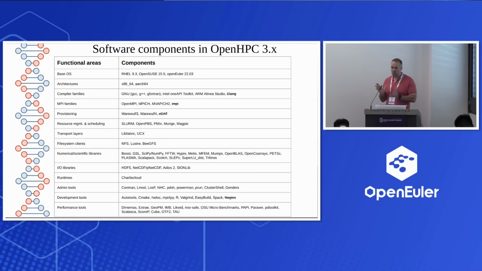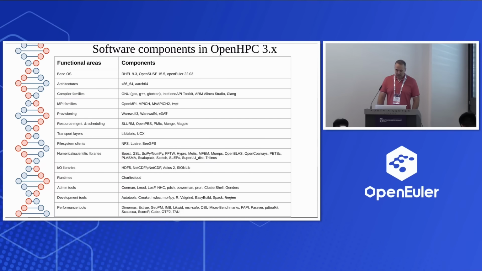That is, it installs the operating system on the compute node in memory, so each reboot installs a fresh copy of the operating system. And XCAT, for example, also supports stateful provisioning. That is, it installs the operating system on the disk. But it's not supported anymore, and we work on Warewulf 4.